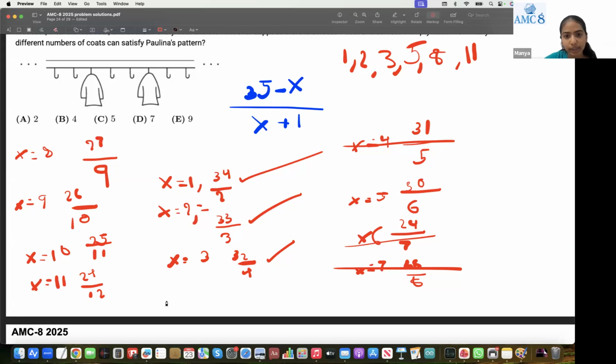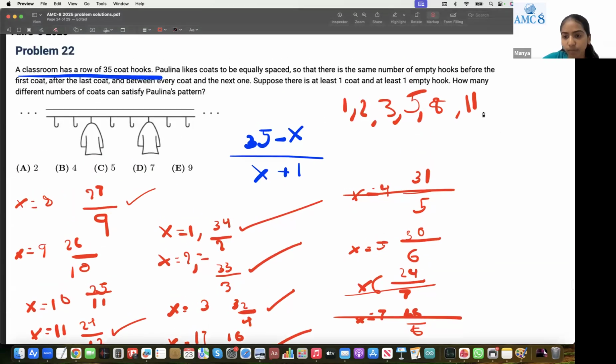X equals 16 is 19 over 17, which cannot work, and x equals 17 is 18 over 18, which can work. So we would get x equals 17 as well.